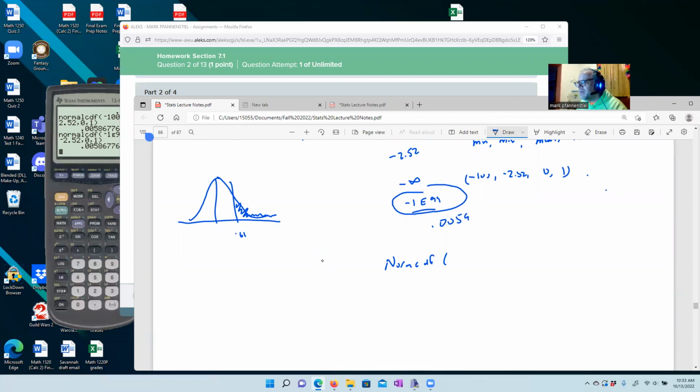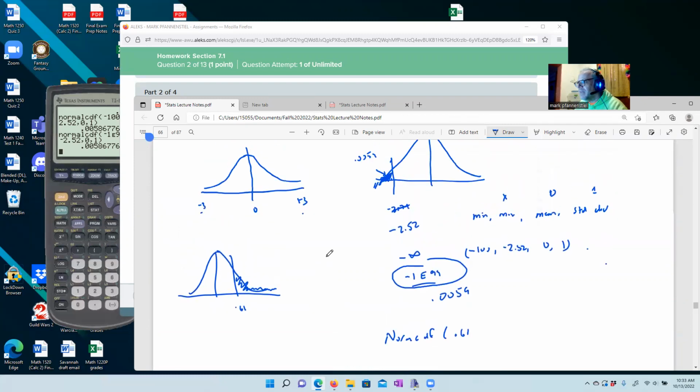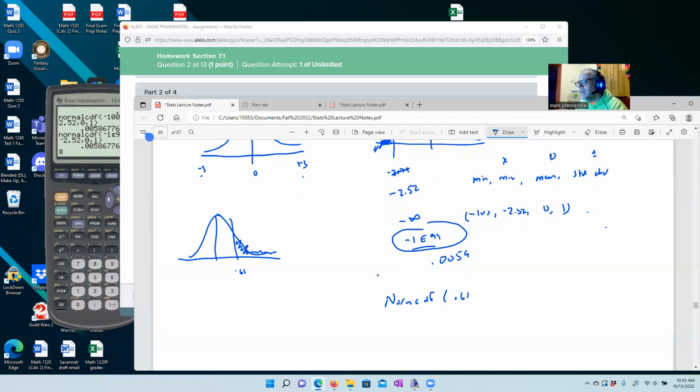In this case, my minimum number was 0.61, because remember the first one, I went from -infinity up to -2.52. Now I'm going from 0.61 up to infinity and beyond. Again, I'll just type in 100. 0, 1, because in 7.1, the mean and the standard deviation for standard normal is always 0, 1. So we just need a big number relative to 0, 1, 2, and 3.